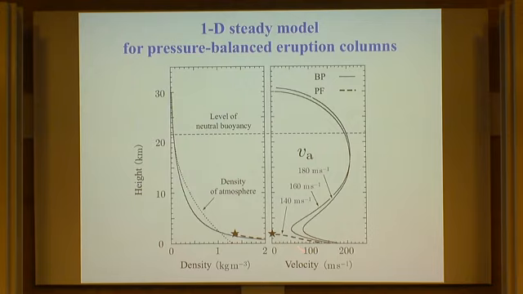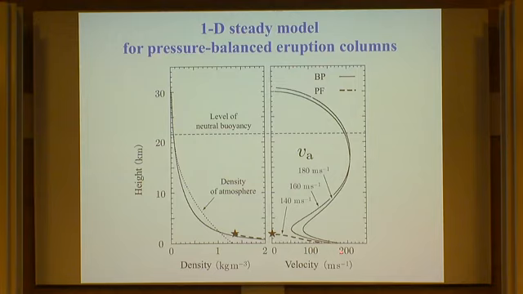Then, as it rises, it entrains air, and the air expands and density decreases. And before it loses initial momentum, if it can become buoyant, then it can form a stable eruption column.